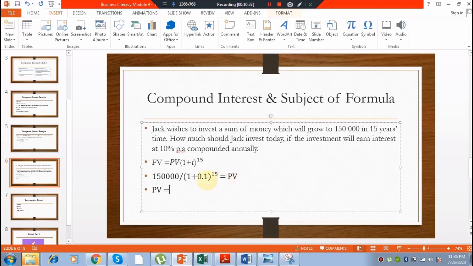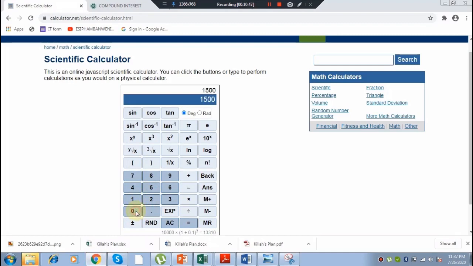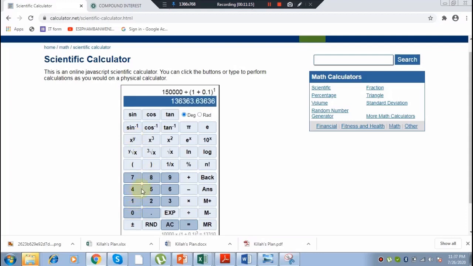Just pay attention to how we do this. 150,000, right? 150,000 divided by, I'm going to open my brackets, 1 plus 0.1, then I close the bracket, then to the power of 15. So equals to there, right?